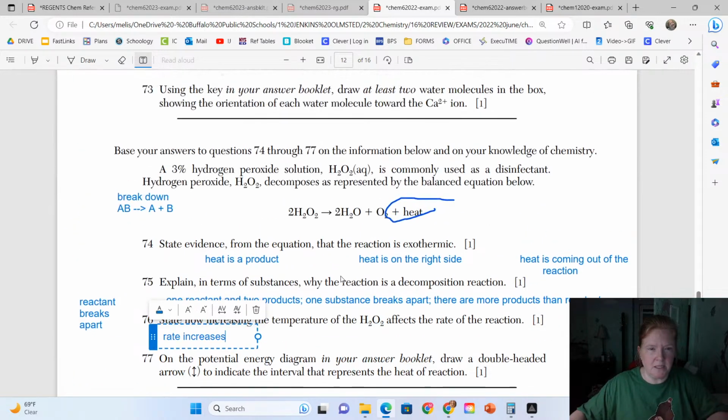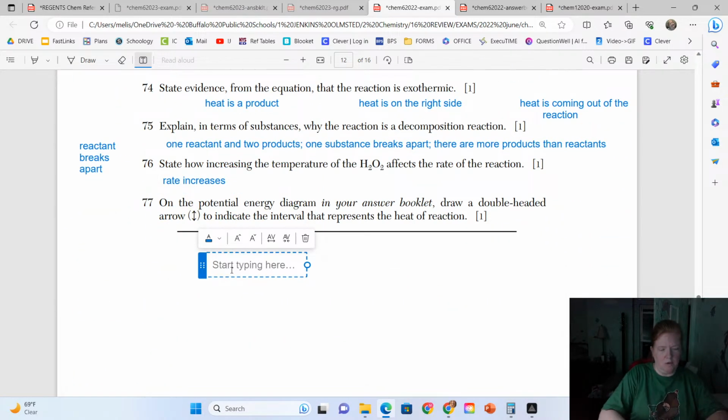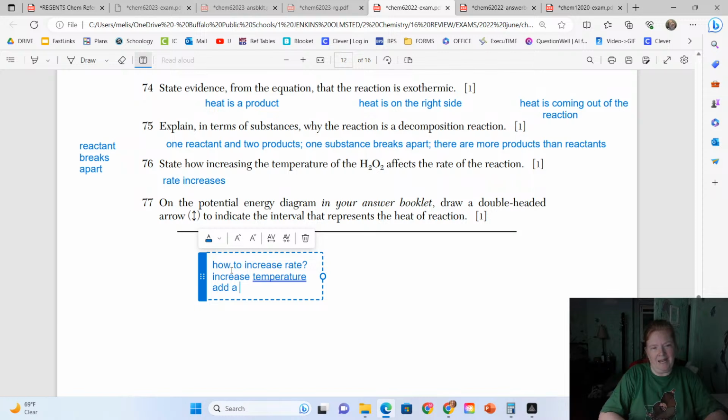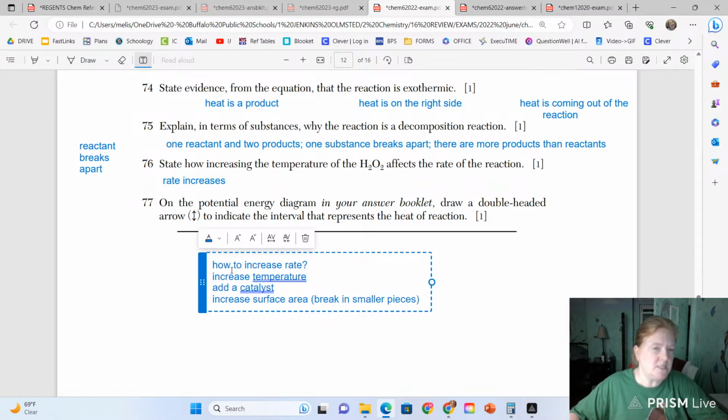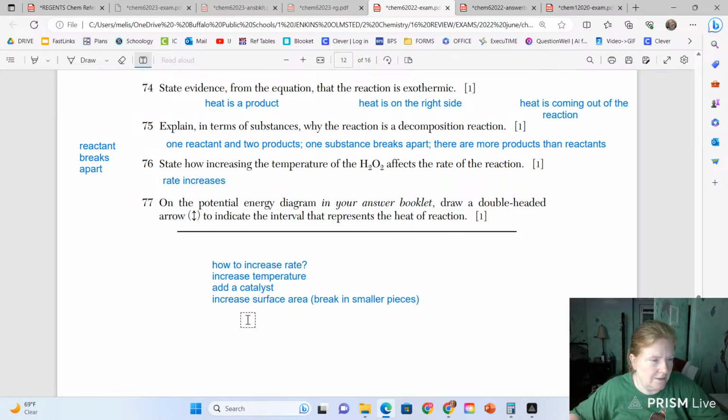If I go back to this one, how to increase rate: increase temperature, add a catalyst, increase surface area, which means break in smaller pieces. Those are ways to increase rate.